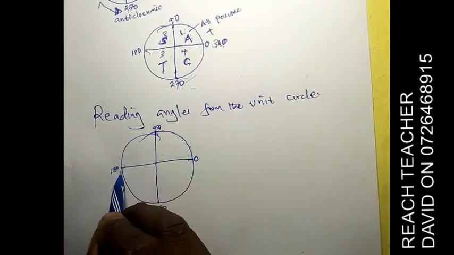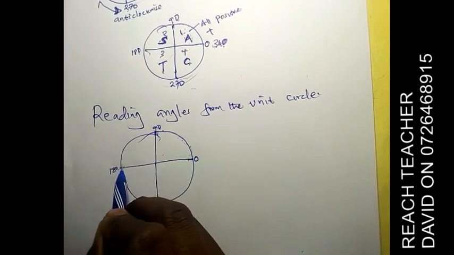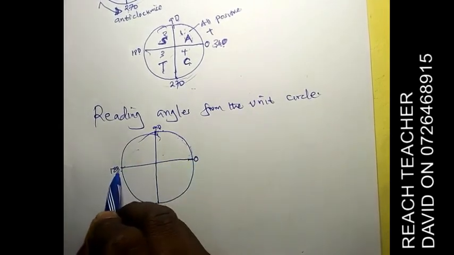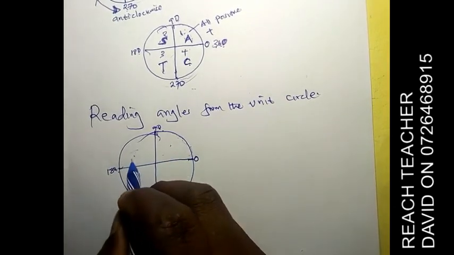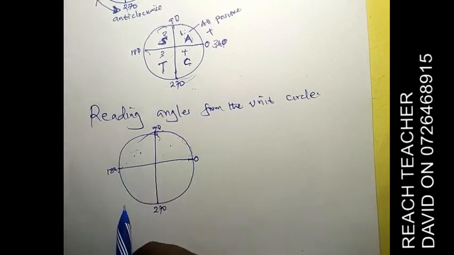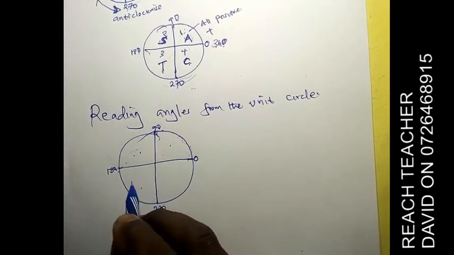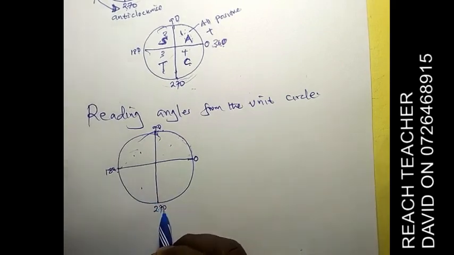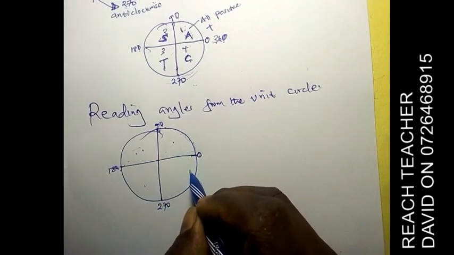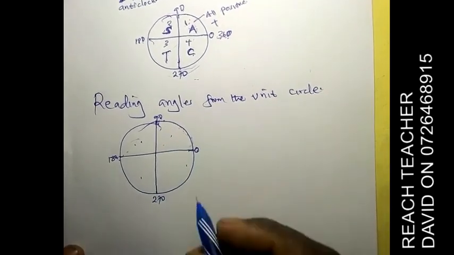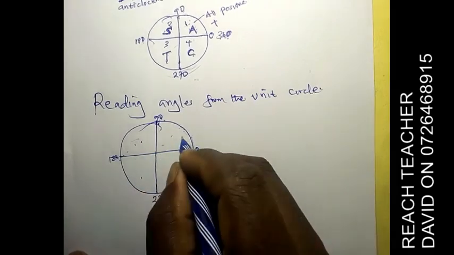Up to the second quadrant, it can only accommodate angles that are less than 180. When we go to the third quadrant, we have angles up to 270, and then finally up to 360 in the fourth quadrant. So how do you read the angles in the first quadrant?